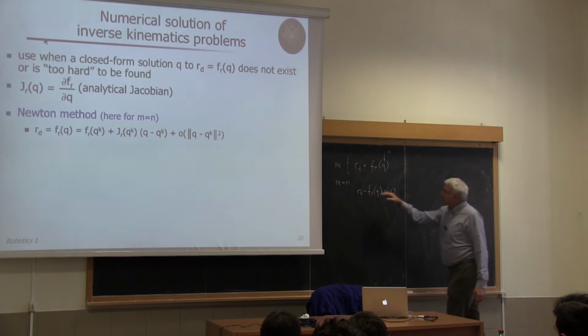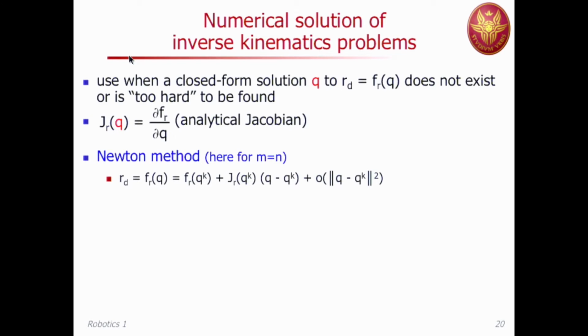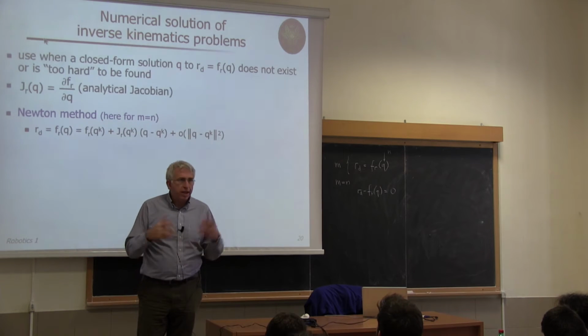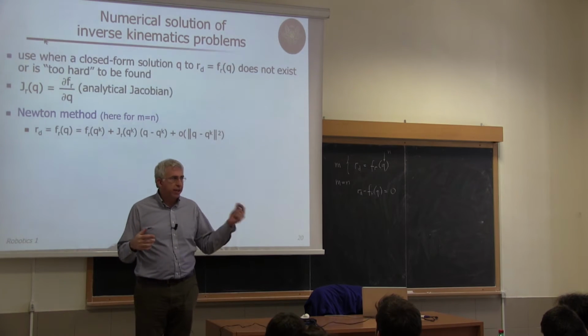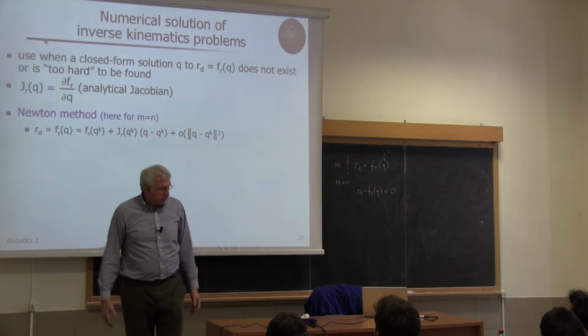So here I'm rewriting this in this form. Suppose that we are at the current estimate of our solution, q^k. Pay attention, k is a superscript, so this is the kth iteration. It's not the kth component, it's not the kth joint. It's the vector q evaluated at the kth iteration.